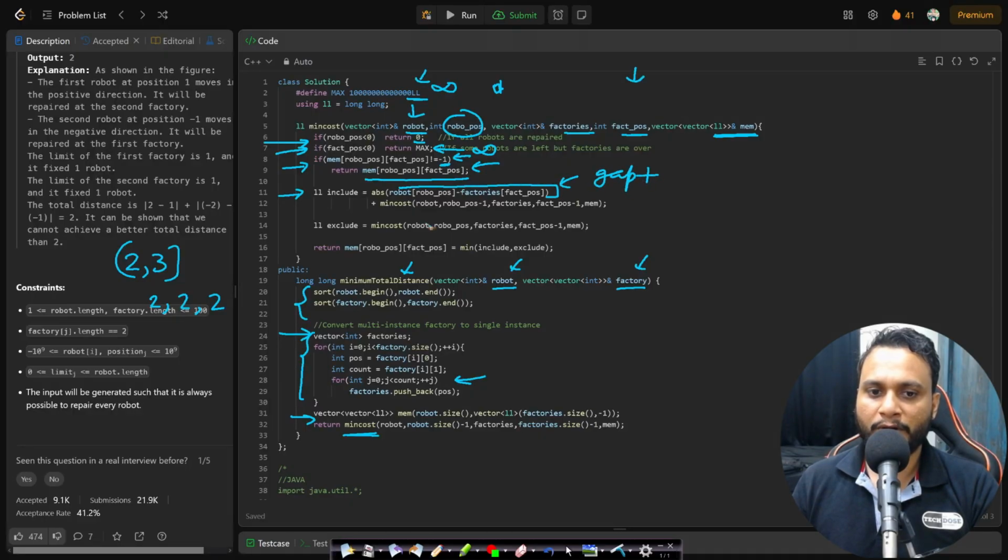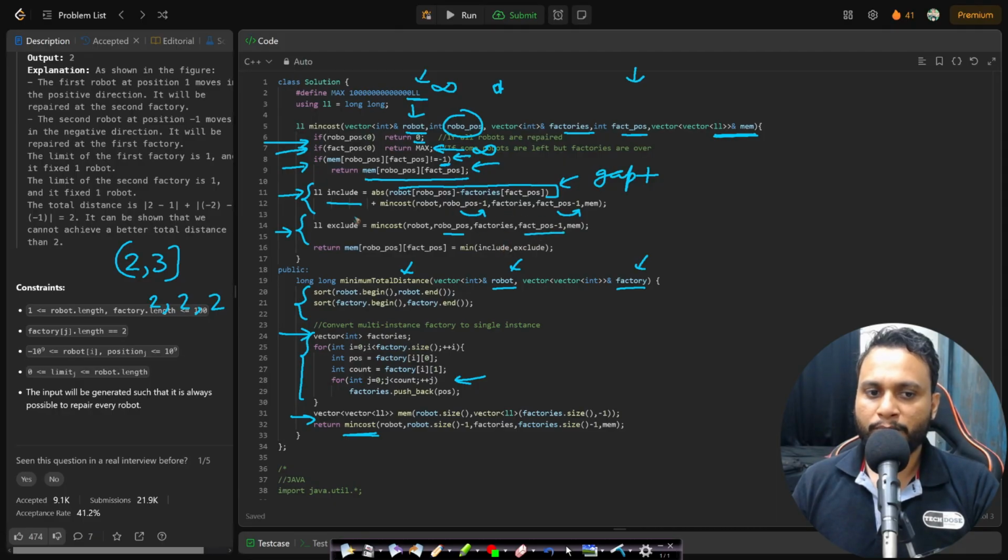To this, I add the subproblem call where I go to the previous robot position and the previous factory position, because the current robot is assigned to the current factory. And the other case is the exclude case, where I choose not to assign the factory to the given robot, but instead just skip the factory and go to the previous factory.